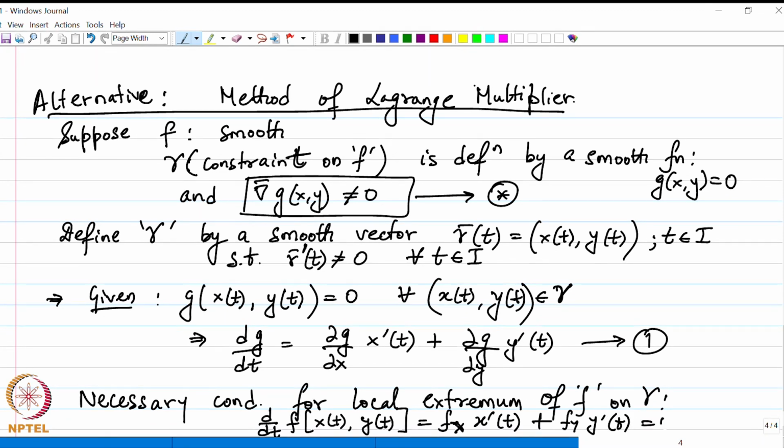This is also equal to 0. So, that is my necessary condition for the extremum to occur. I am going to call this as 2, right.